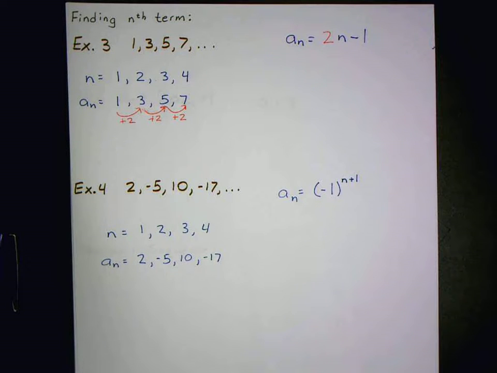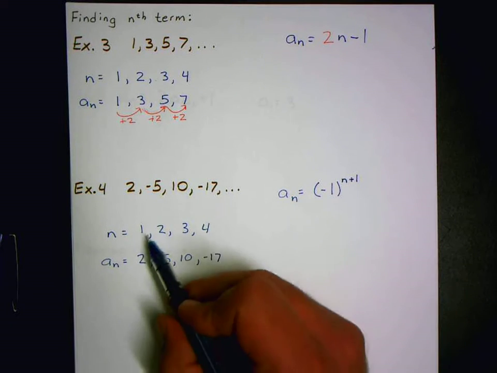Okay, so how do I turn 1 into 2, 2 into 5, 3 into 10, 4 into 17? As quickly as it's growing, what you're going to have is the perfect squares. So Mr. Collette, why'd you put n plus 1?